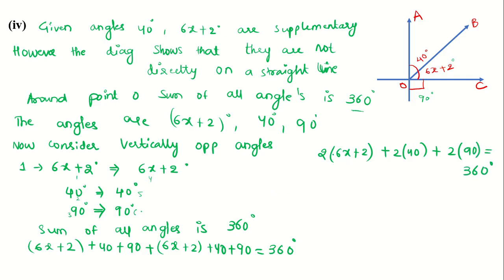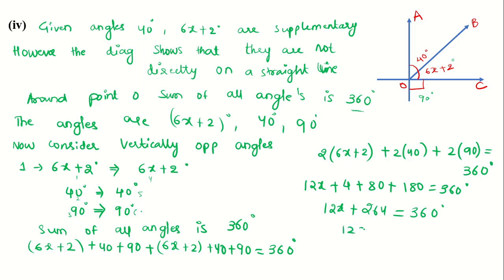Now, we have 2 into (6x plus 2) plus 2 into 40 plus 2 into 90, which is equal to 360 degrees. Now, 2 into 6 is how much? 12. It will be 12x plus 2 into 2 is 4, plus 40 into 2 is 80, plus 90 into 2 is 180, which is equal to 360 degrees. Now we have one x term, that is 12x. Simplify all this, it will be 12x plus 264, which is equal to 360 degrees.